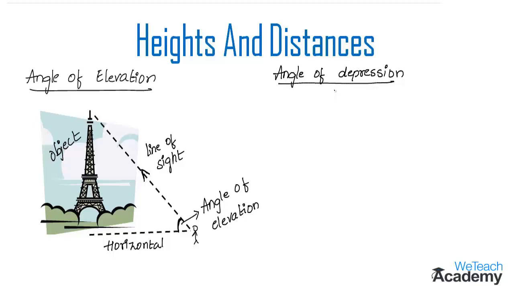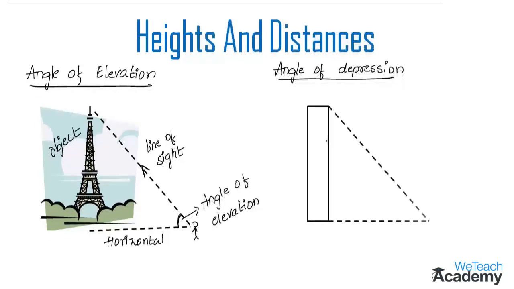And now let me explain this concept using a rough diagram. Here, assume that this is an object making 90 degrees with the horizontal line. Here this is the horizontal line, and here there is an observer, say a person or the eye of the observer, who is observing an object on the ground.